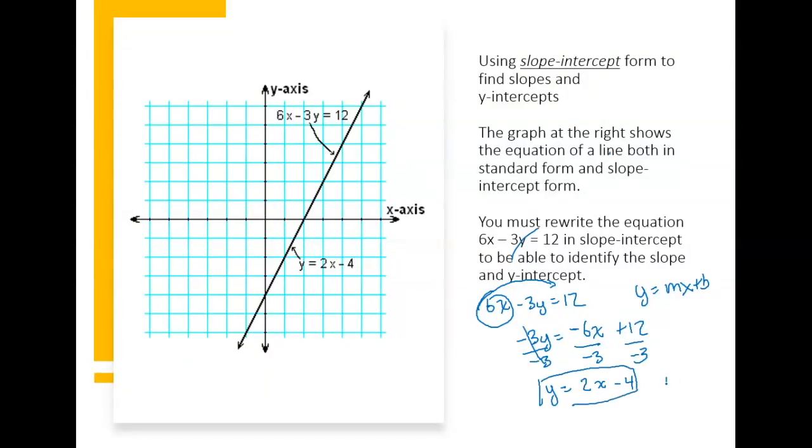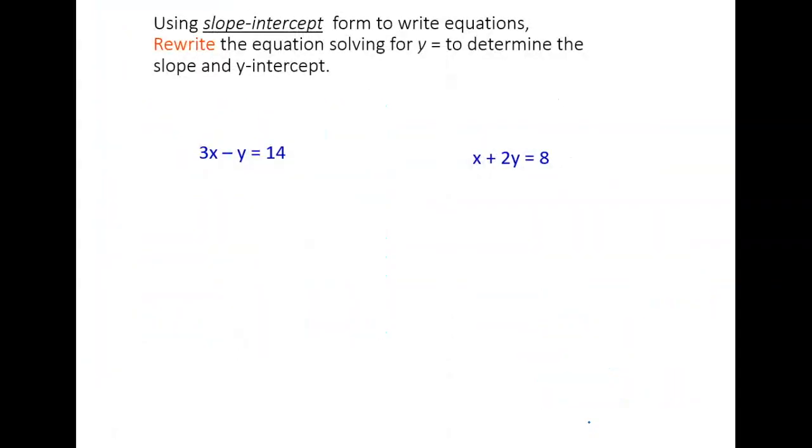So now I can say that my slope is 2, and my y-intercept, or my b, is -4. So it requires algebra to rearrange to solve for m and b if you don't have the answers. So we'll do a couple more.